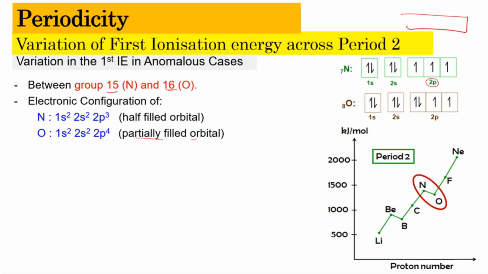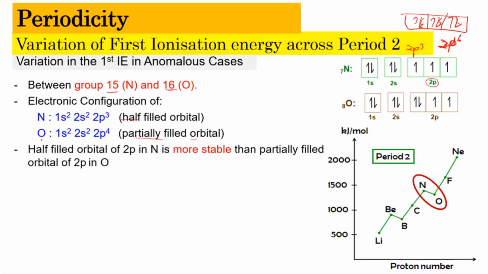The completely filled orbital looks something like this, which is 3d6, 3p6, 2p6, completely filled. But 2p3 is half-filled, which is stable as well. Meanwhile, the 2p4 is a partially filled orbital and it is less stable in comparison to a half-filled orbital.